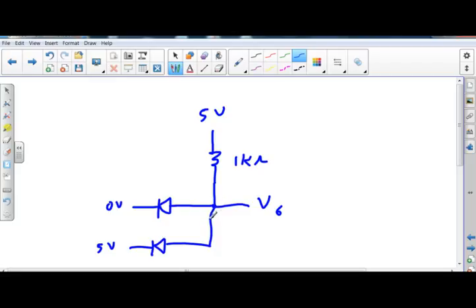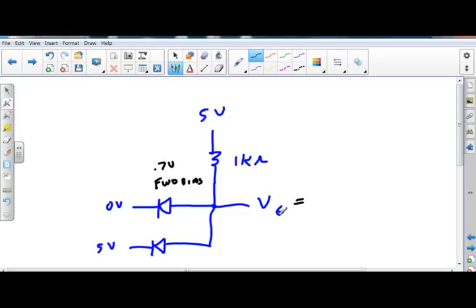Okay. So I'm going to have some voltage drop across this guy, right? I'm going to have a 0.7. First of all, this guy's forward biased. So I'm going to have a 0.7 voltage drop across that diode.